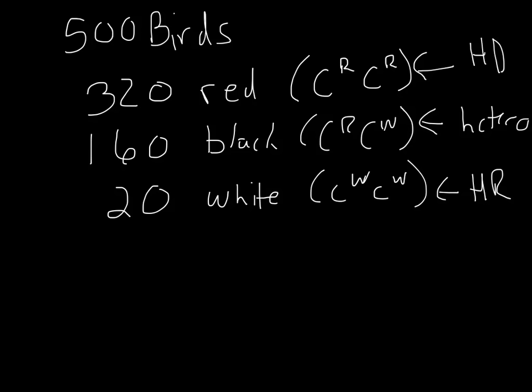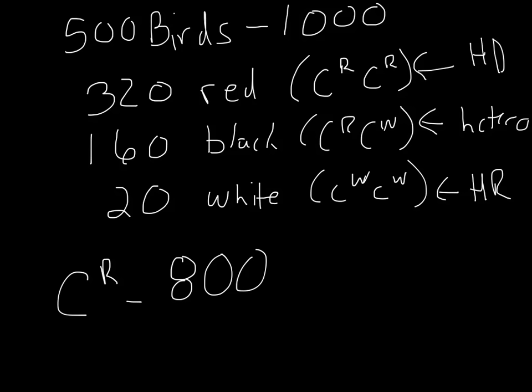Now this only talks about our actual population. Let's think about our gene pool. In essence we actually have 1,000 alleles within our gene pool, because, again, this is a diploid species, so 2 alleles per individual. For our first allele, CR, the count is actually going to be 800. Now, where do we get that 800 from?